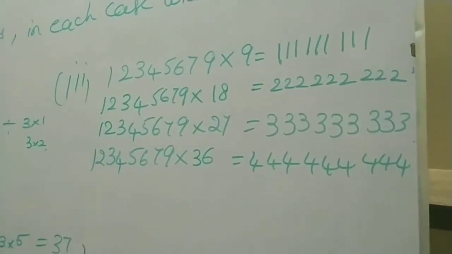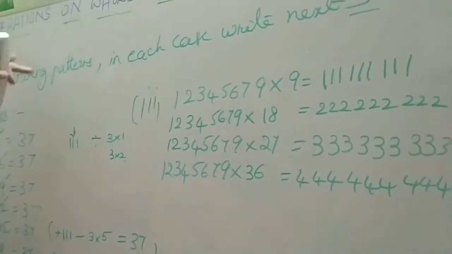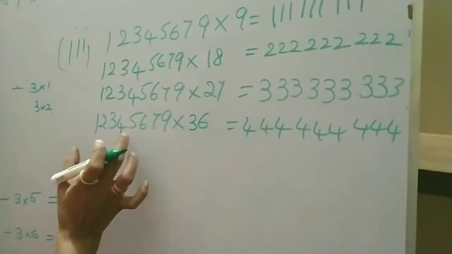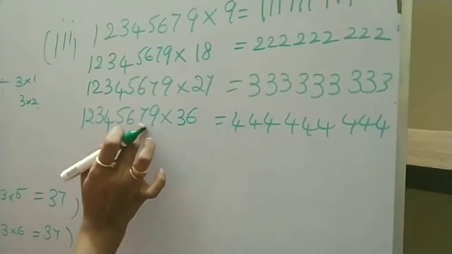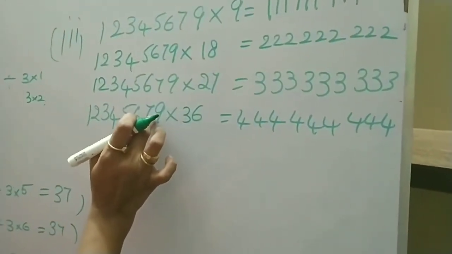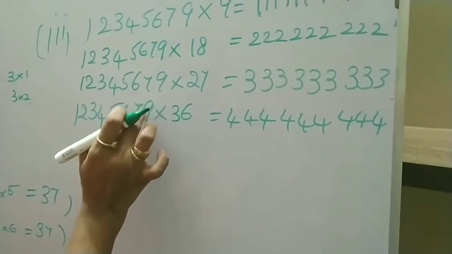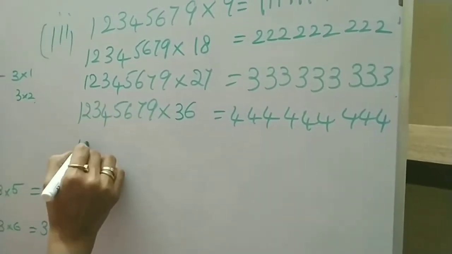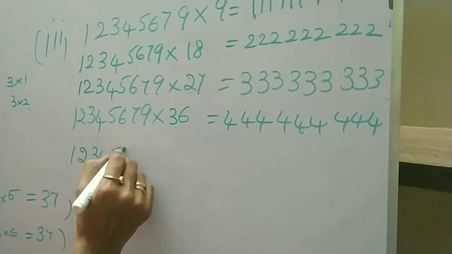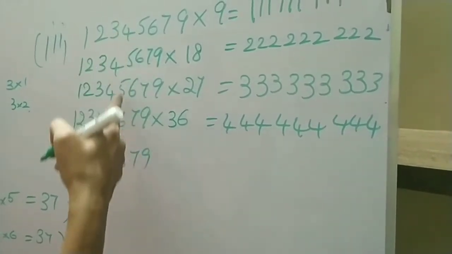We have to write the remaining numbers. If you observe here, 1, 2, 3, 4, 5, 6, 7, 8 they have not given. So after that 9 is given. So as it is 5, 6, 7, 9. This number is repeating here.